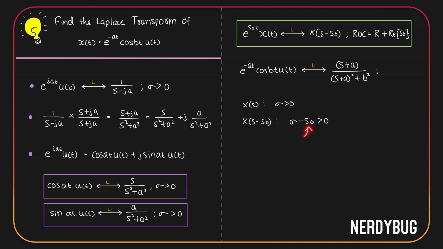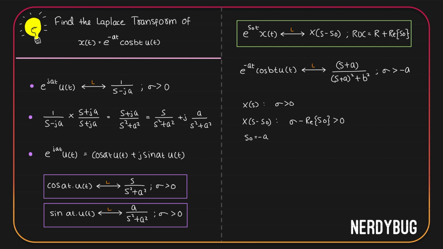So instead of writing sigma minus s naught, let us write sigma minus real part of s naught. In this case, s naught is minus a. So we get sigma minus minus a, that is sigma plus a is greater than 0, or we can write sigma is greater than minus a.